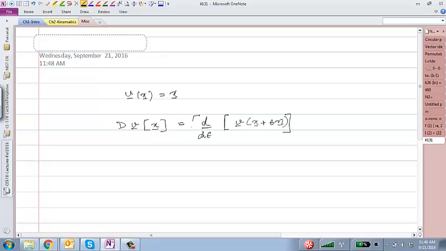Take the derivative first, and after taking the derivative, set epsilon equal to 0. That's the general definition that will always work for any type of directional derivative.